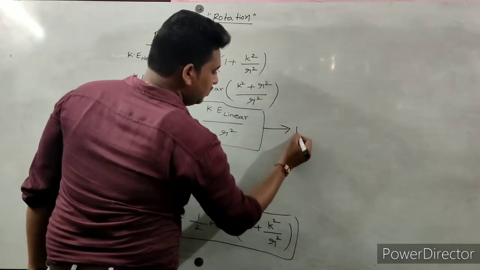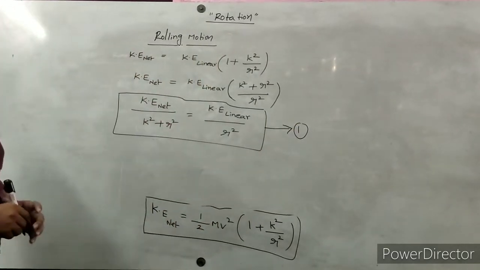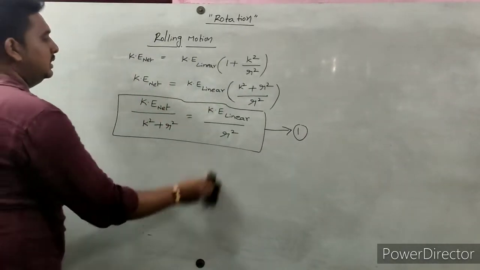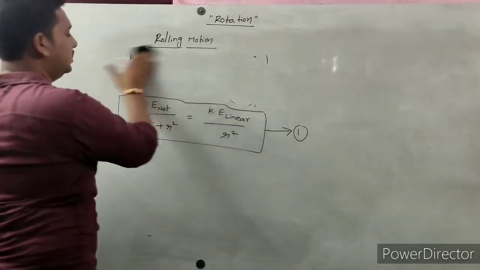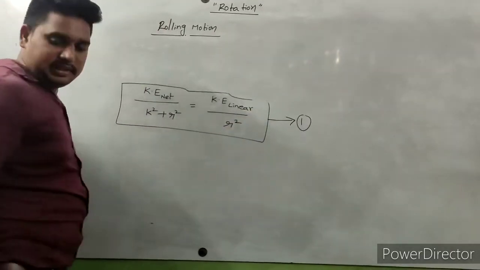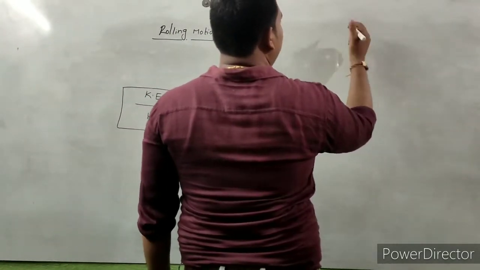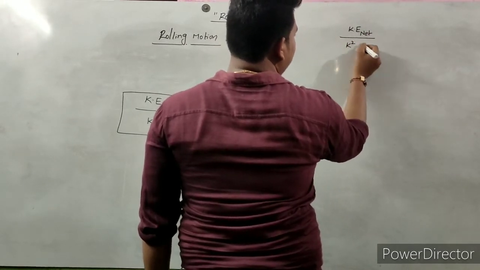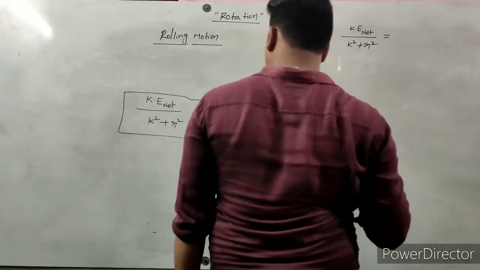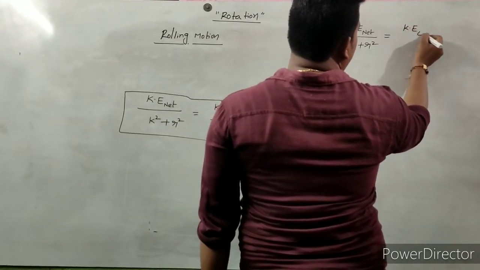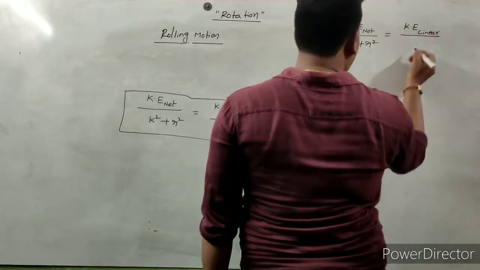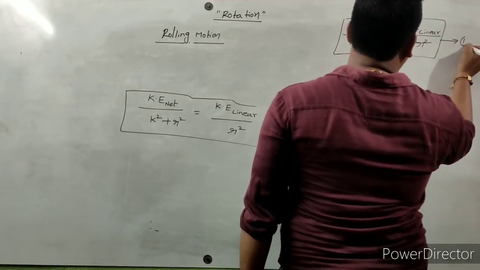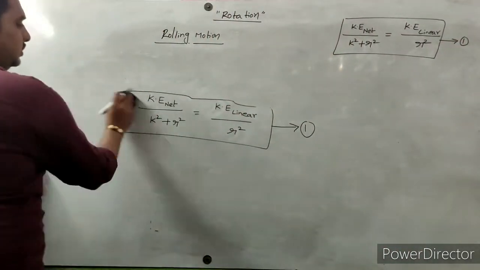This is equation 1. I write this equation 1 at one corner because it's helpful for solving numericals. So this equation is useful, and I write it in the corner.